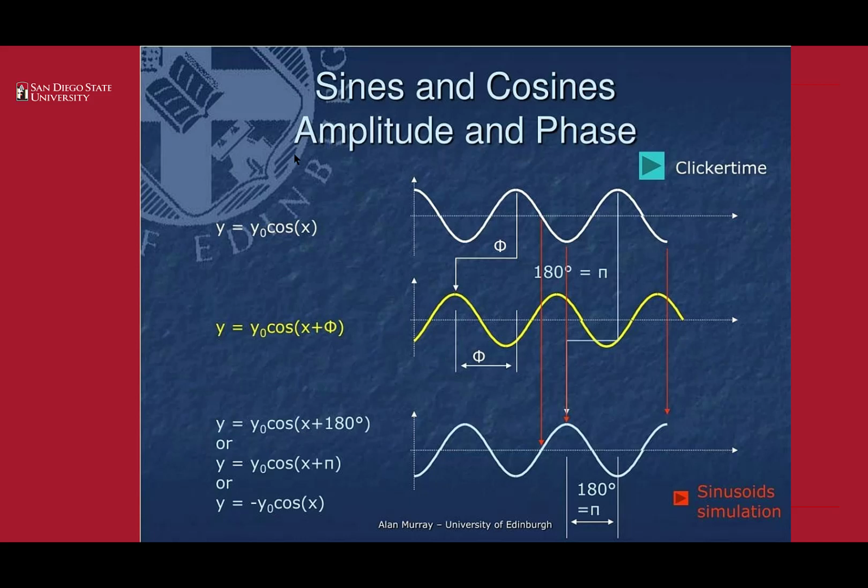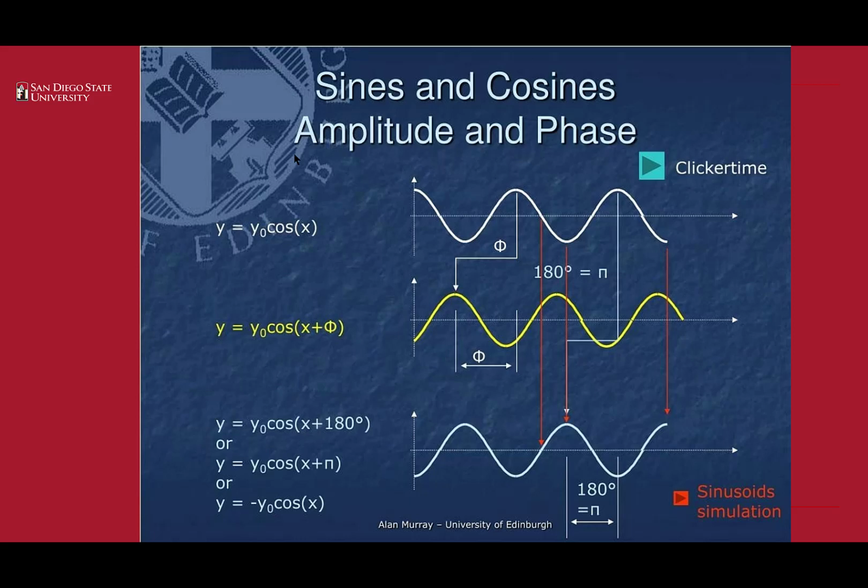Here y0 is the amplitude parameter. Sine and cosine usually indicate the shape, the general look of the signal. x represents the frequency, and phi here is the phase shift.